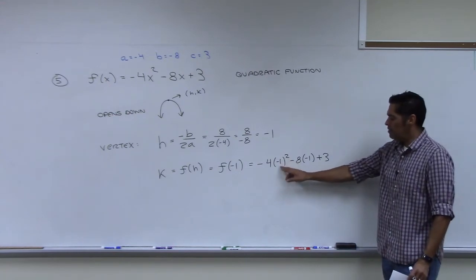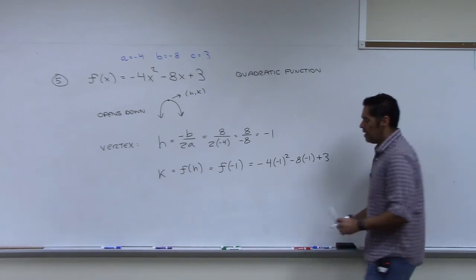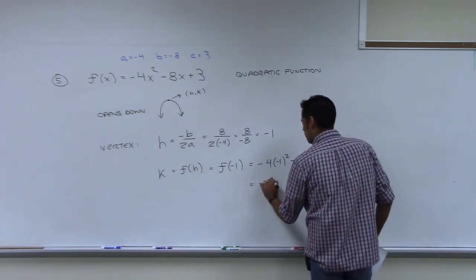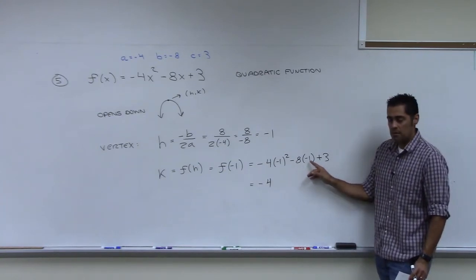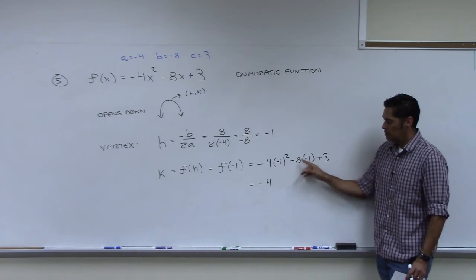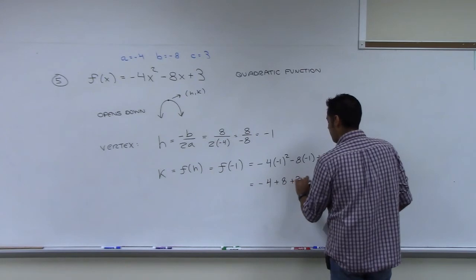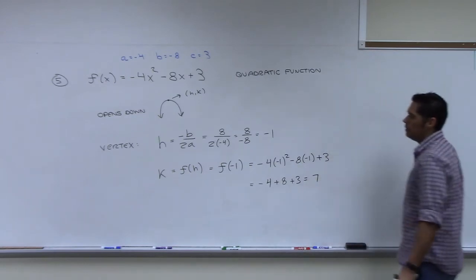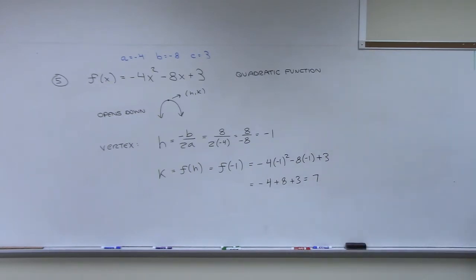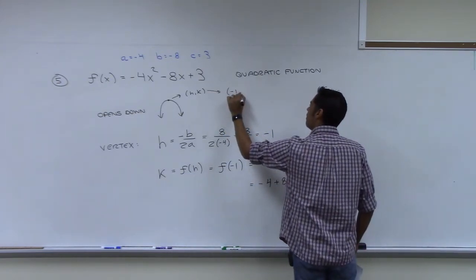Negative 1 squared is 1, and then times negative 4 is going to be negative 4. What's negative 8 times negative 1? Positive 8, so plus 8, and then plus 3. And if we do that, negative 4 plus 8 plus 3, we should get 7. So that means my vertex, this point right here, is the point negative 1, 7.